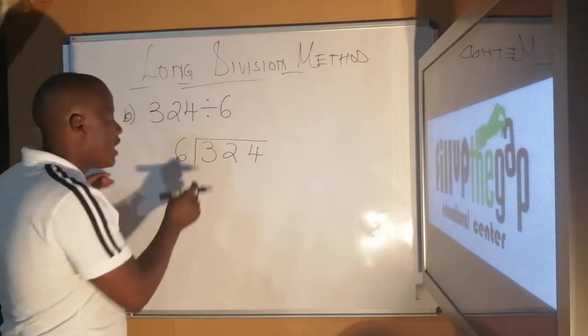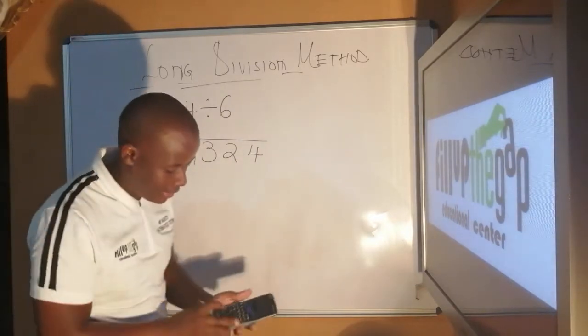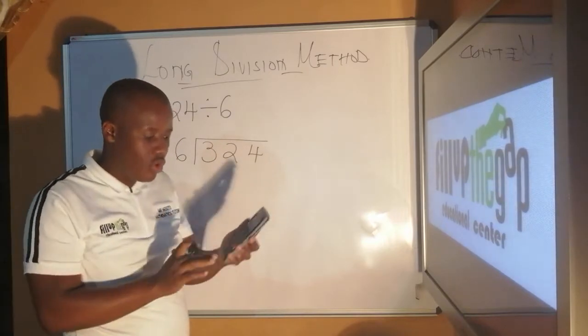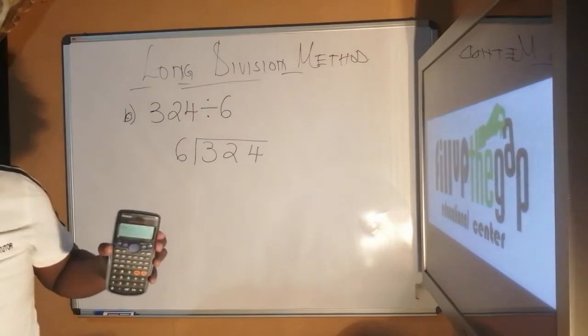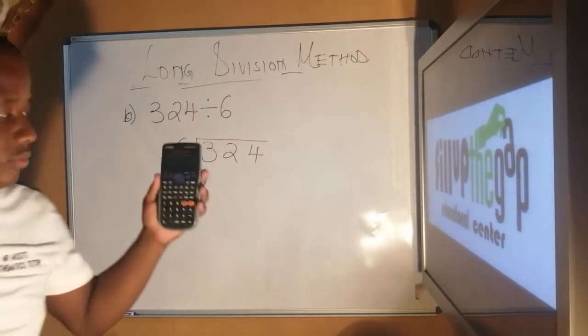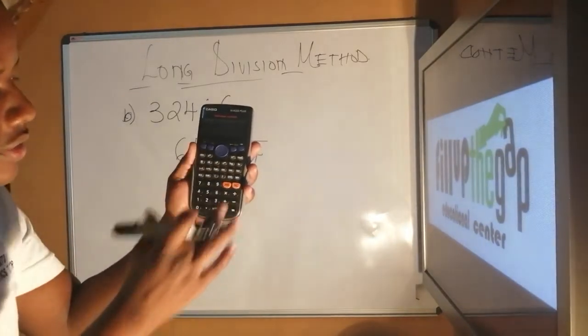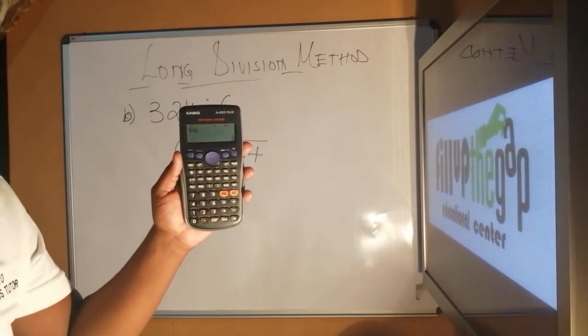So 3 divided by 6. You take your calculator and you say 3 divided by 6. This is how you use a calculator. You say it's 3 divided by 6, and it gives you a fraction, which is 1 over 2.